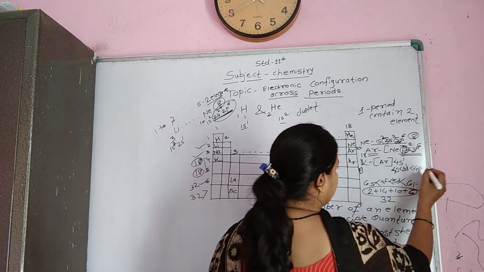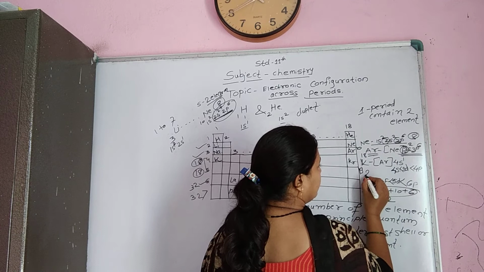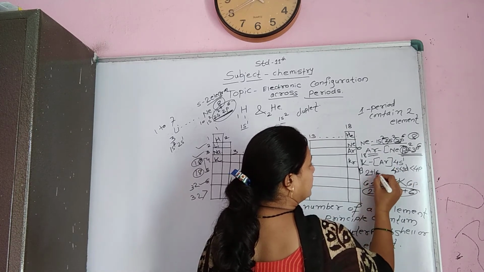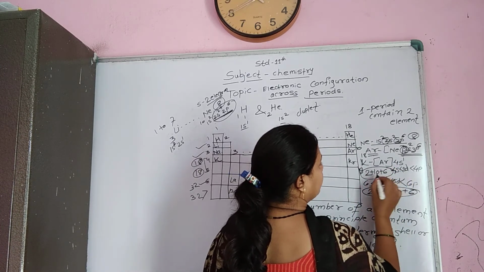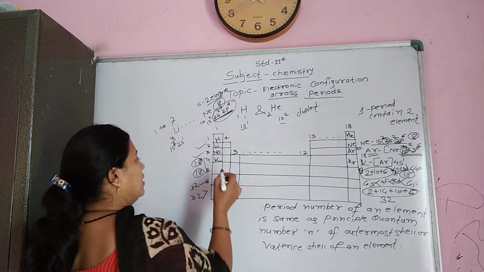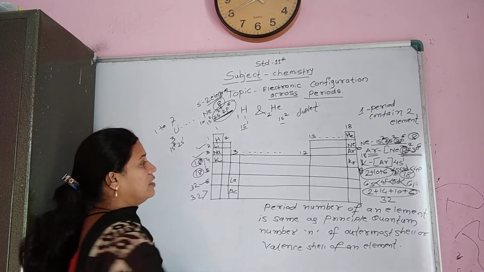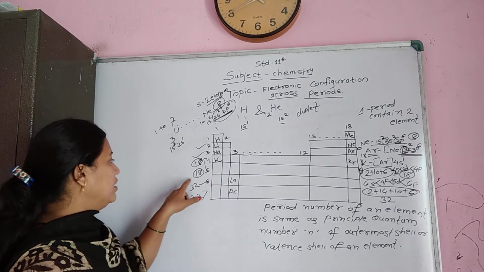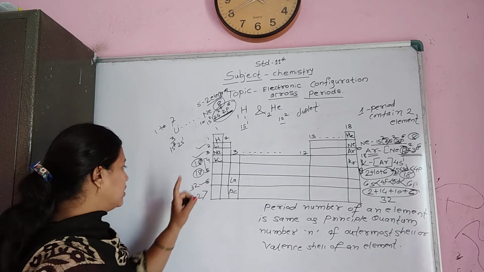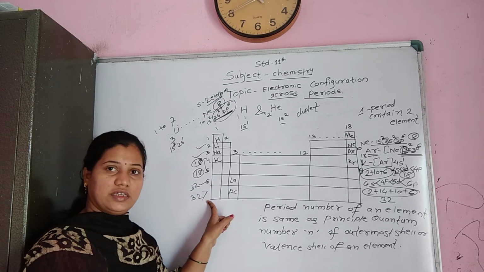The maximum capacity of the s, d and p orbitals is 2 plus 10 plus 6, which is 18. So a total of 18 elements are present in the 4th period, and similarly 18 elements in the 5th period, 32 elements in the 6th, and similarly 32 elements in the 7th period.